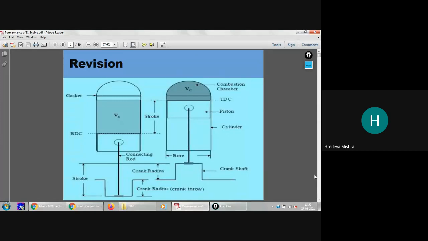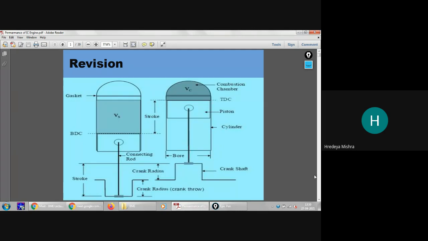So we can say that the performance of the IC engine, we can measure some performance characteristics, like mechanical efficiency, thermal efficiency, brake power, indicated power, that is called IP and BP.